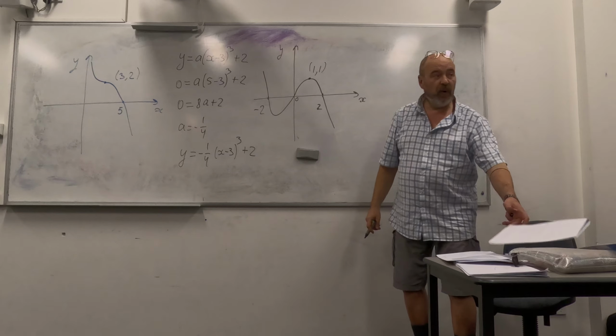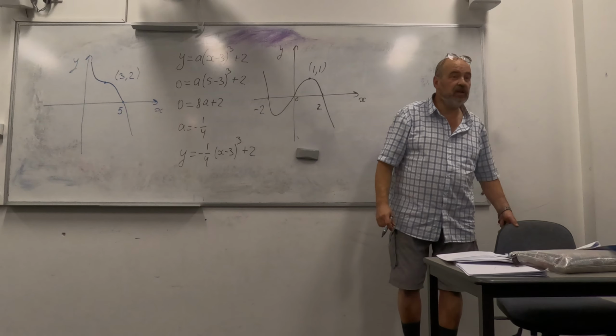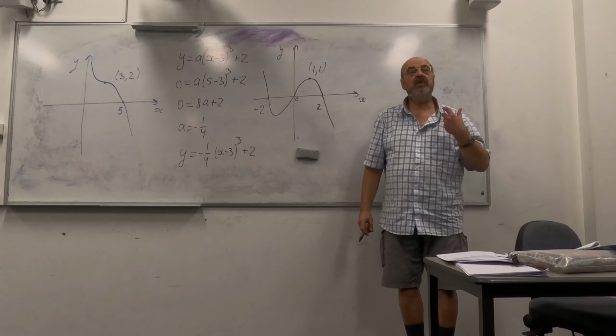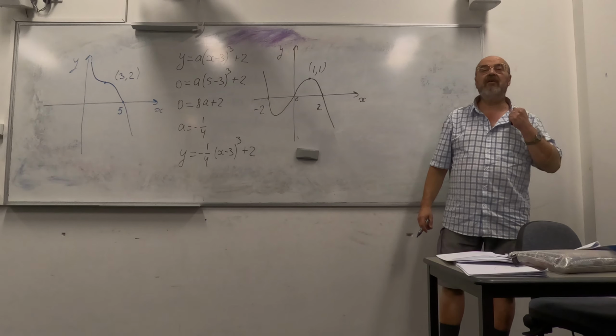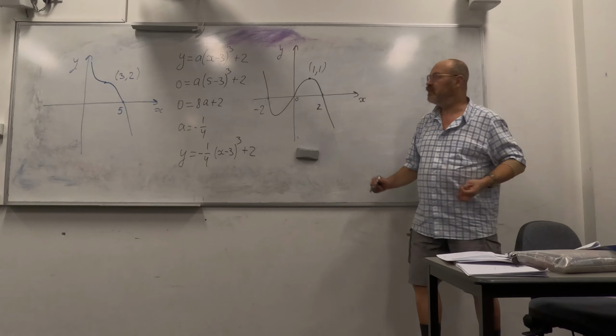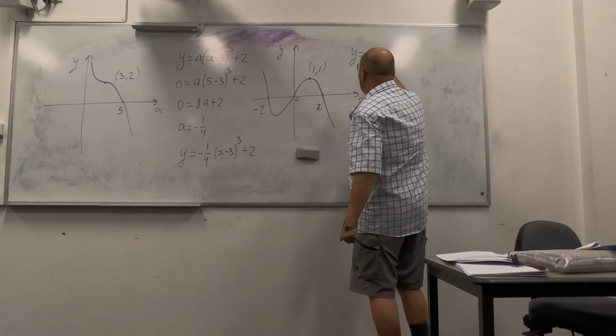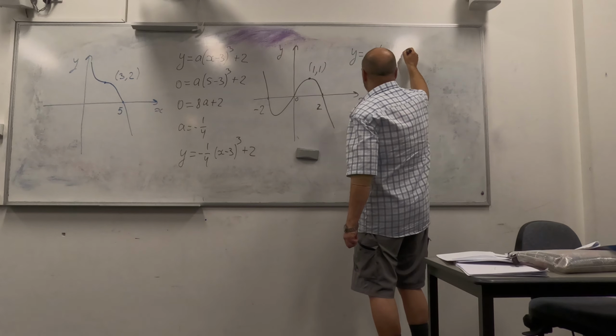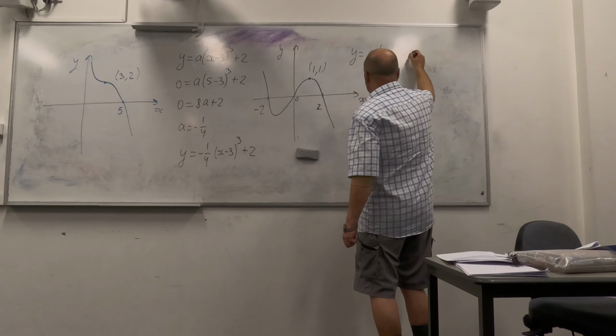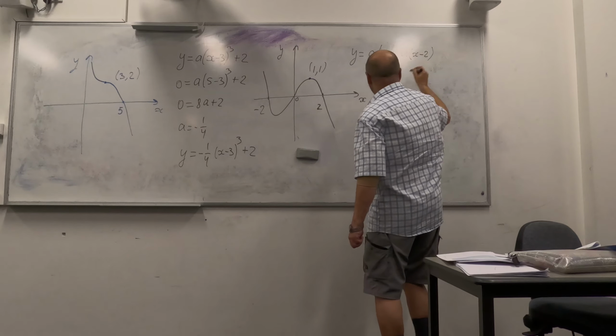So when we have x-intercepts, in which form will we write the cubic? Y equals a times, in factorized form, x plus 2 times x minus 2.